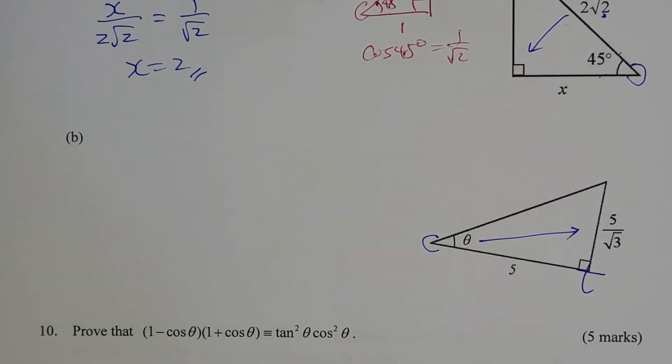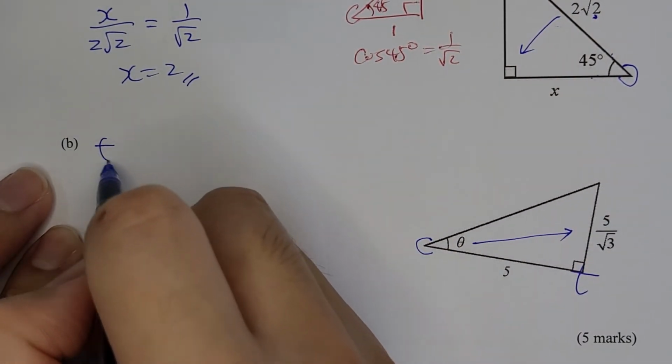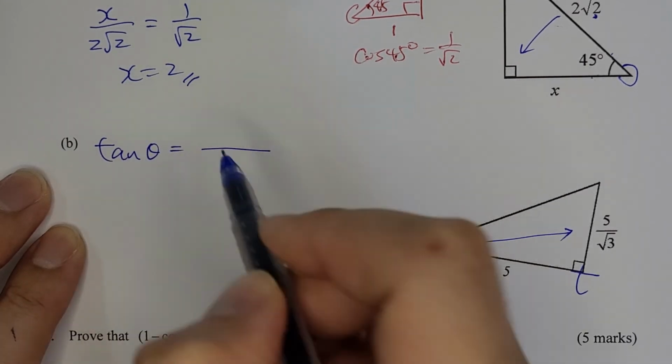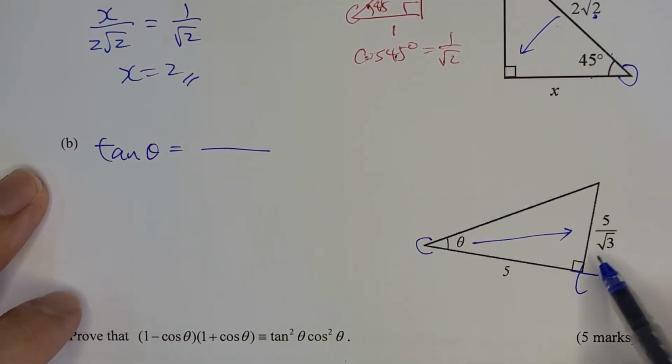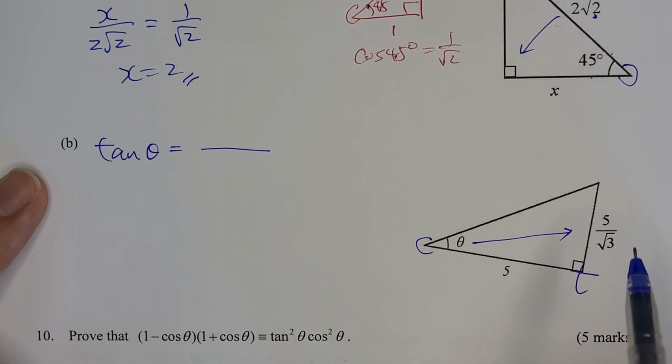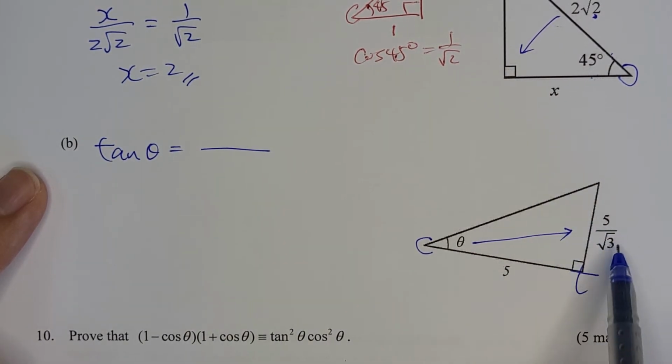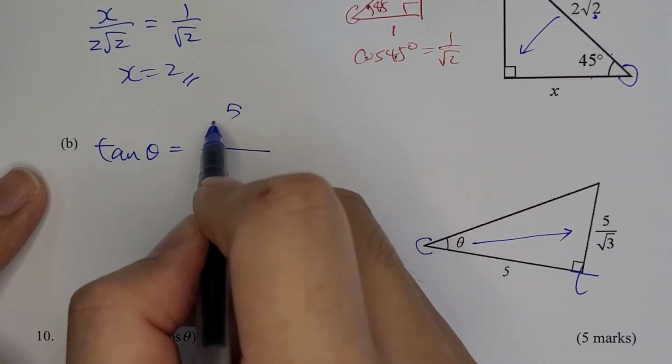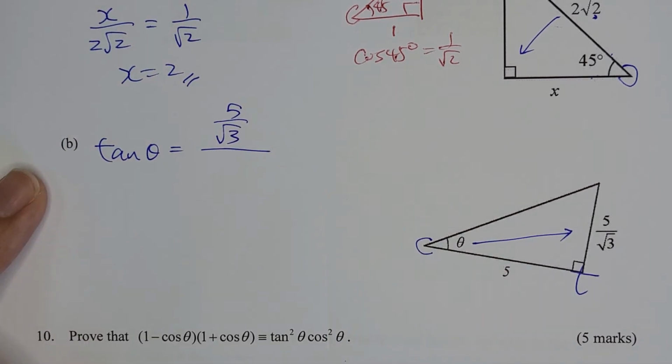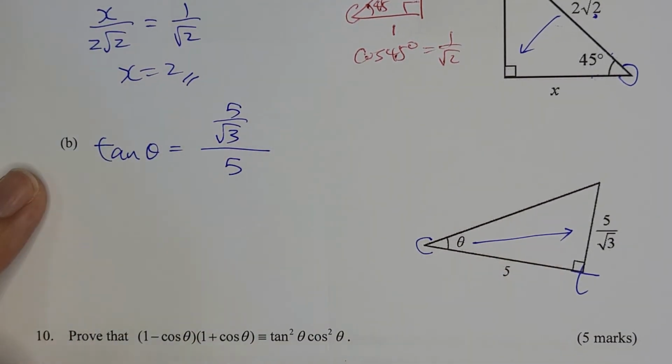That means if you want to apply tangent, then it must be something related to these two lines. So tangent theta must be related to these two lines. But which line goes in the numerator? Again, the opposite side would be in the numerator. Denominator 5.